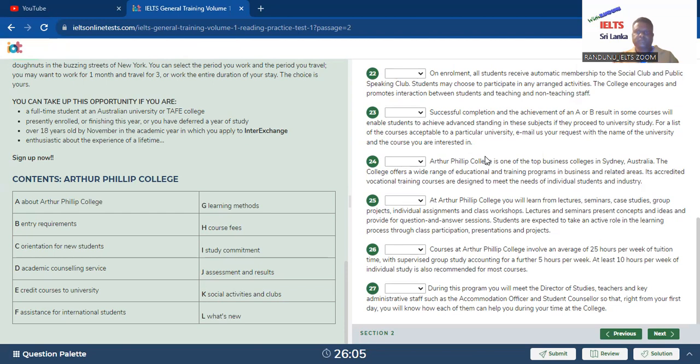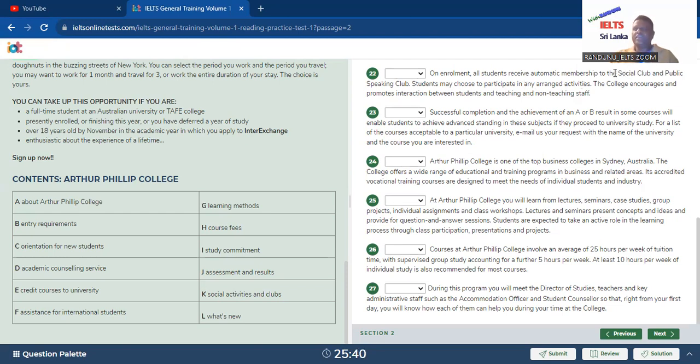Right. We'll see the answers. 22. Yes, most of you have given the correct answer. 22 is enrollment. All students receive automatic membership to social clubs.